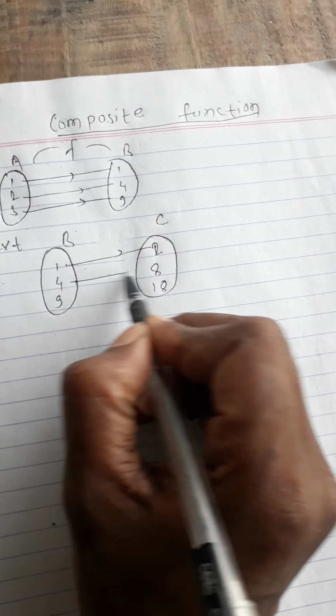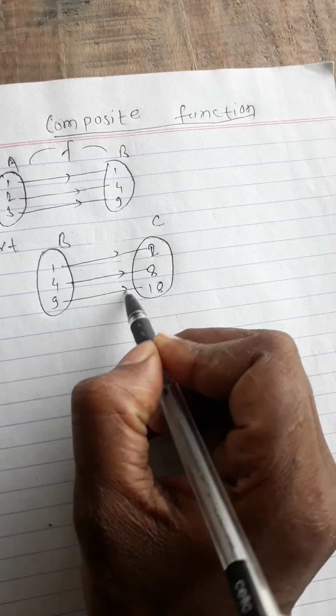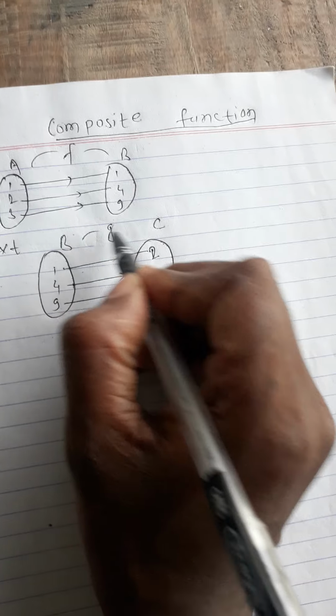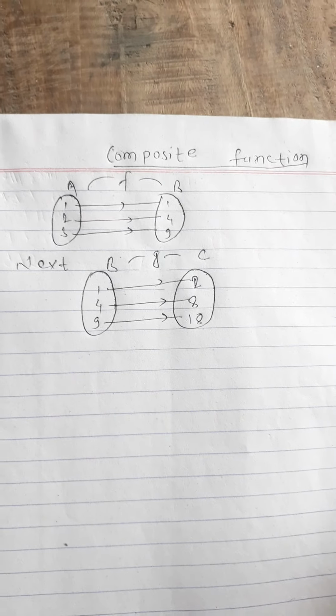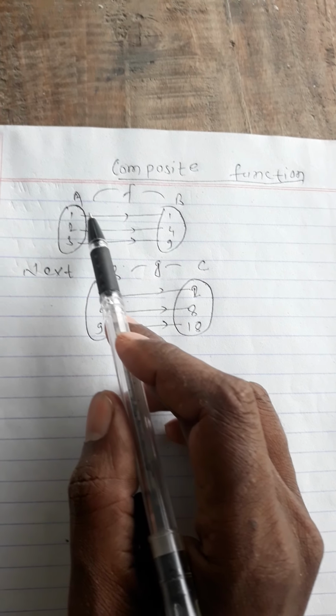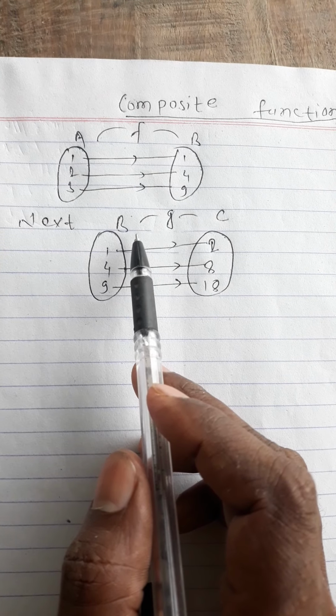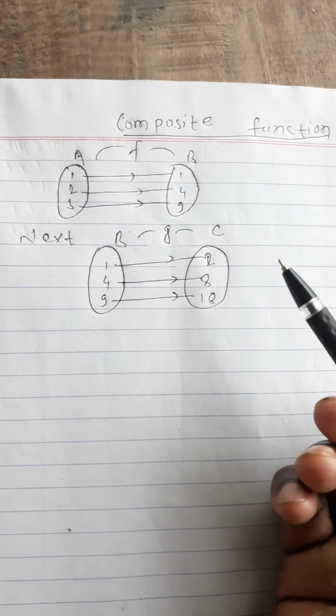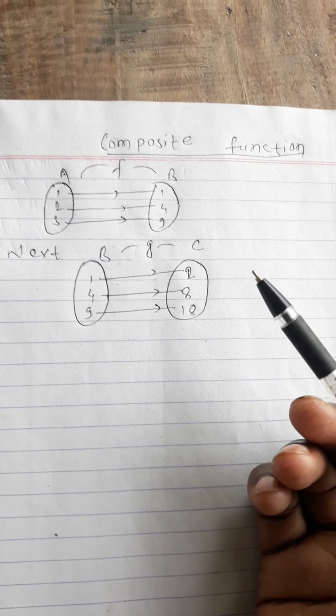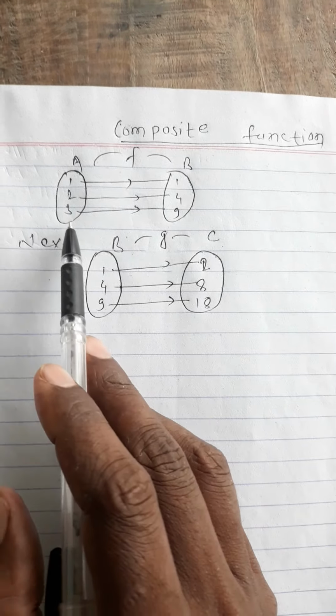So you can see, this is the function defined from A to B and this is the function defined from B to C. Now both functions are 1 to 1 onto functions.